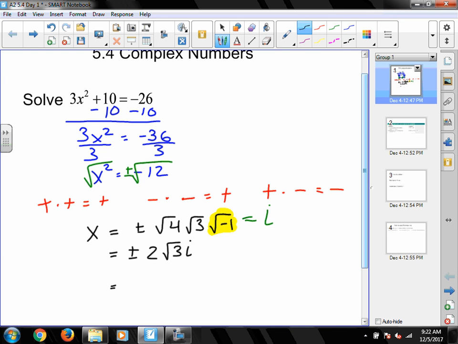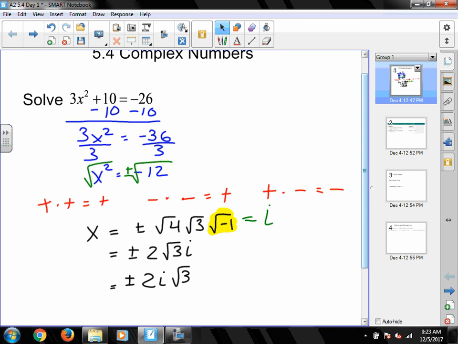Or some people like to write it with the i with your whole number, so plus or minus 2i square root 3. I'm not too picky. Just make sure that I know that that i is not inside your square root. Just one more quick example on how you can break these down.